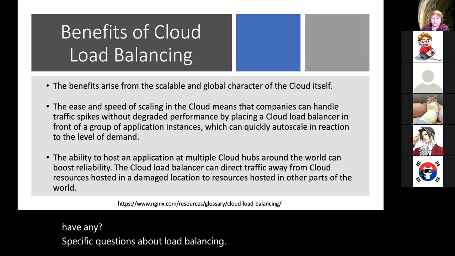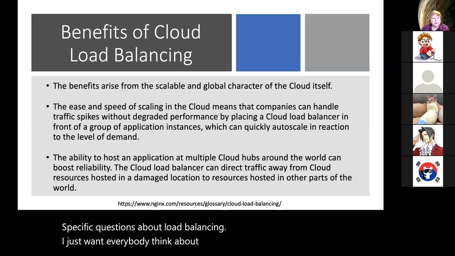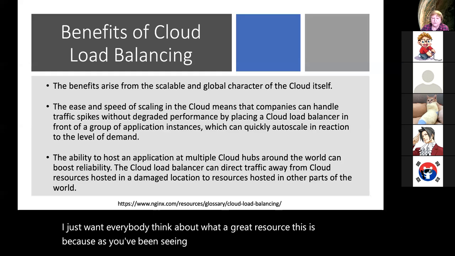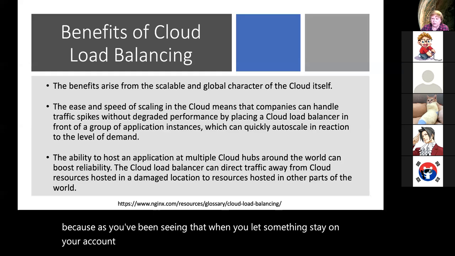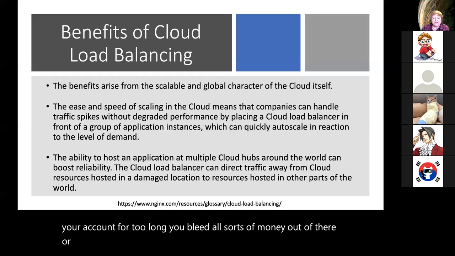I just want everybody to think about what a great resource this is, because as you've been seeing, when you let something stay on your account for too long, you bleed all sorts of money out of there, or credits. That's what's happening when a company uses a cloud and they've got too many resources out there.